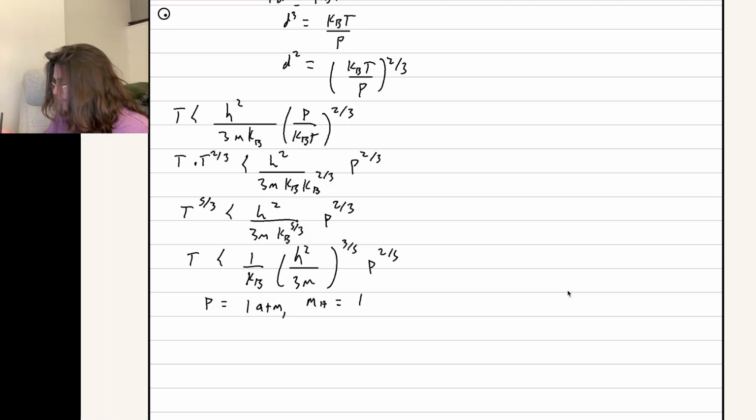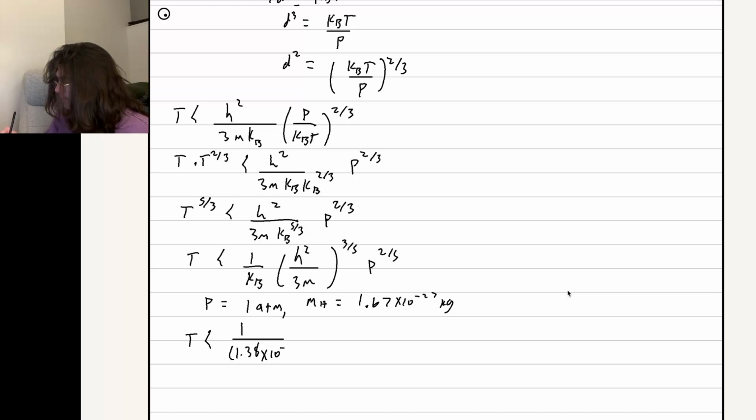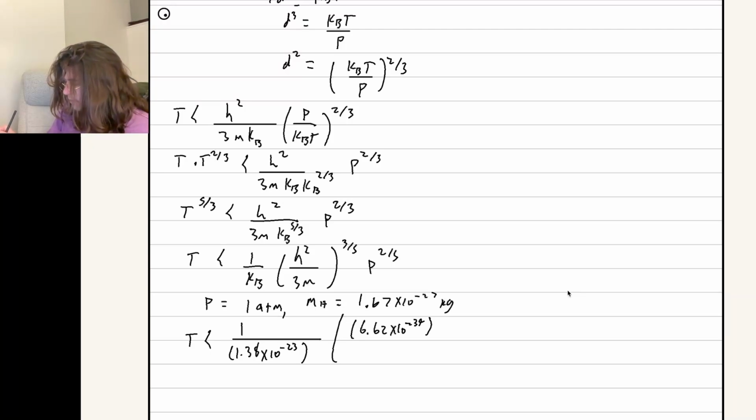The mass of a hydrogen atom is about the mass of a proton, so it's 1.67 times 10 to the minus 27 kilograms, and just plug those numbers in. So T will be less than 1 over, if you're watching along at home, say it with me, 1.38 times 10 to the minus 23 for the Boltzmann constant, and then we'll have 6.62 times 10 to the minus 34 squared for Planck's constant, and then 3 times 1.67 times 10 to the minus 27.